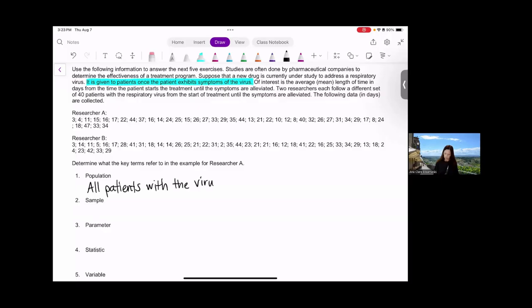Now, the second question asks us about the sample. Our sample needs to come from those patients with the virus, but this question specifically asked about researcher A, and we note that each of the researchers were given 40 patients with the virus. So we are talking about the 40 patients that researcher A had with the virus.